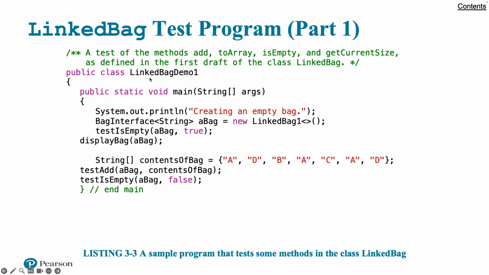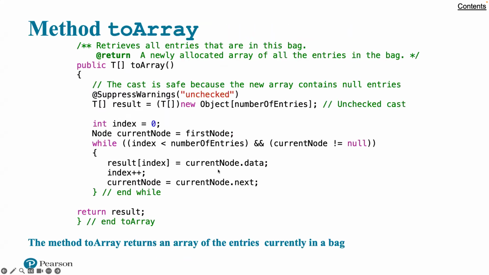Then we have the main method. This is the third piece that has to be in an implementation. Then we just see some examples of populating some contents that we're going to be putting in that bag. And we notice here that this A bag is going to be made with a LinkBag1.